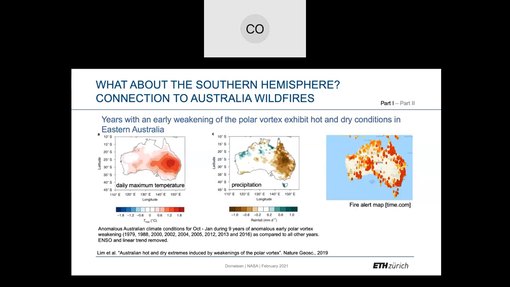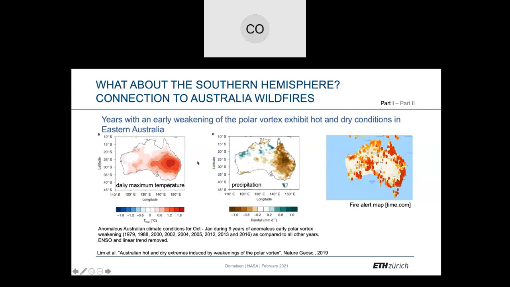In the southern hemisphere you don't really get these strong sudden warmings, but you can get early final warmings, so the vortex can break down earlier than usual. She put together 9 years that had such an early breakdown, and she saw that you end up with higher daily maximum temperatures over Australia and less precipitation.